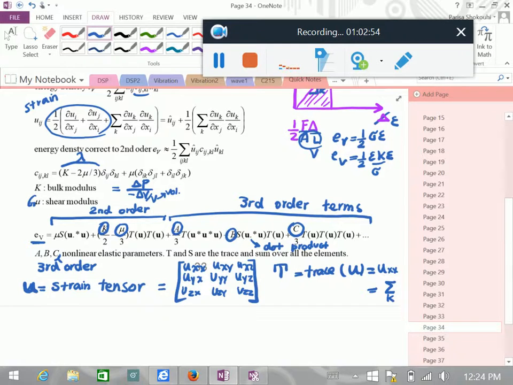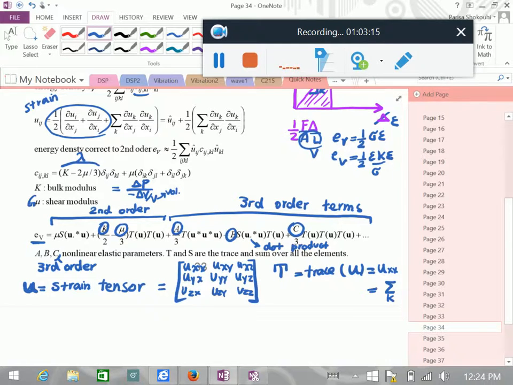And why do we call these third order elastic constants? Why? Look at the energy density.